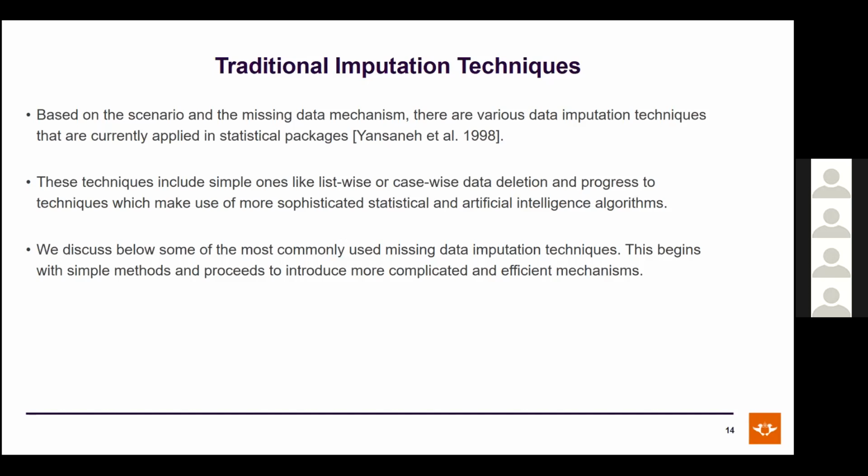If a variable is missing, everything after is missing. That's the monotone missing data pattern.